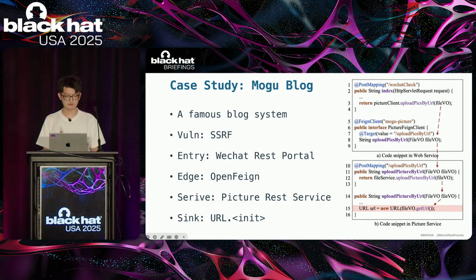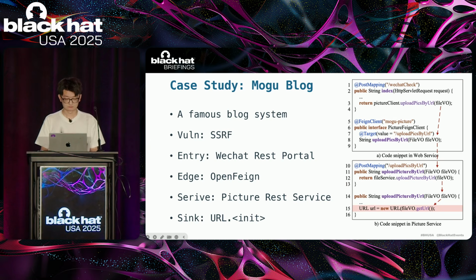Our final case comes from Mogu Blog, which is a well-known blogging platform. In this situation, a user-provided URL entered through the WeChat REST template portal and was passed to the picture REST service using OpenFeign.